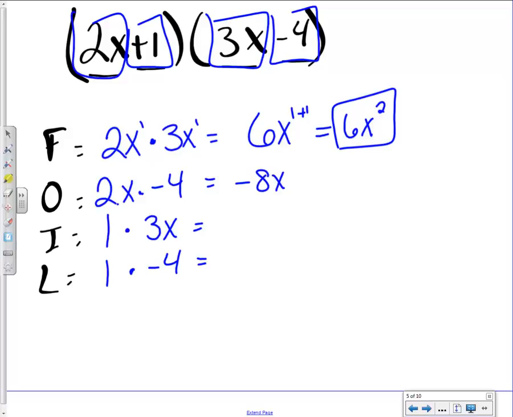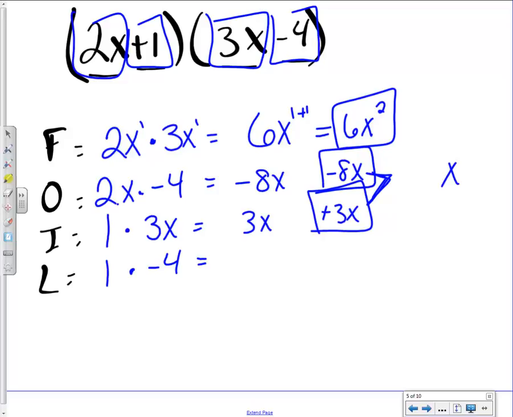Bring over the x. The inner 2 terms, 3 times 1 is 3. Bring the x over. You can see here that these are both x's, so I know later I'm going to combine them together and have an x as an answer with a number in front of it. And the last one, 1 times negative 4 is negative 4.